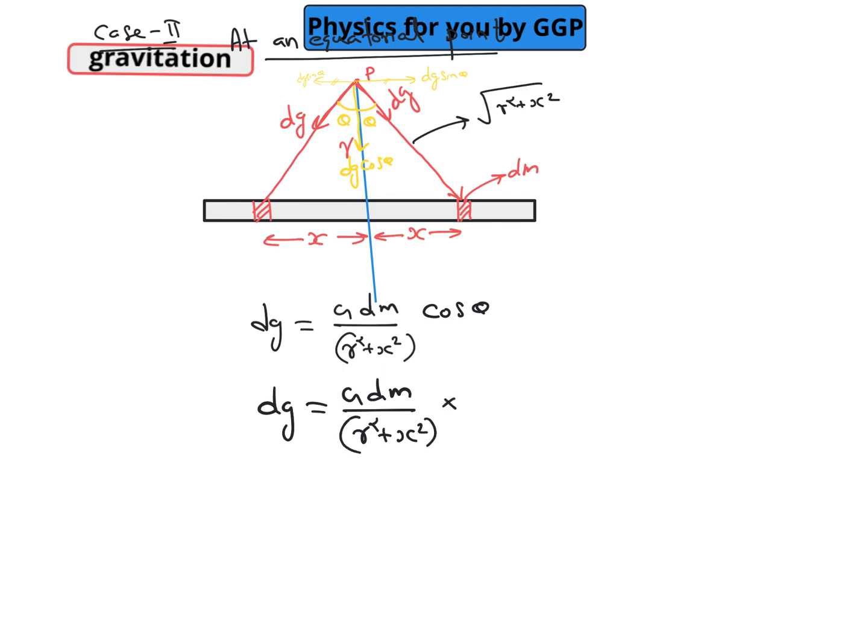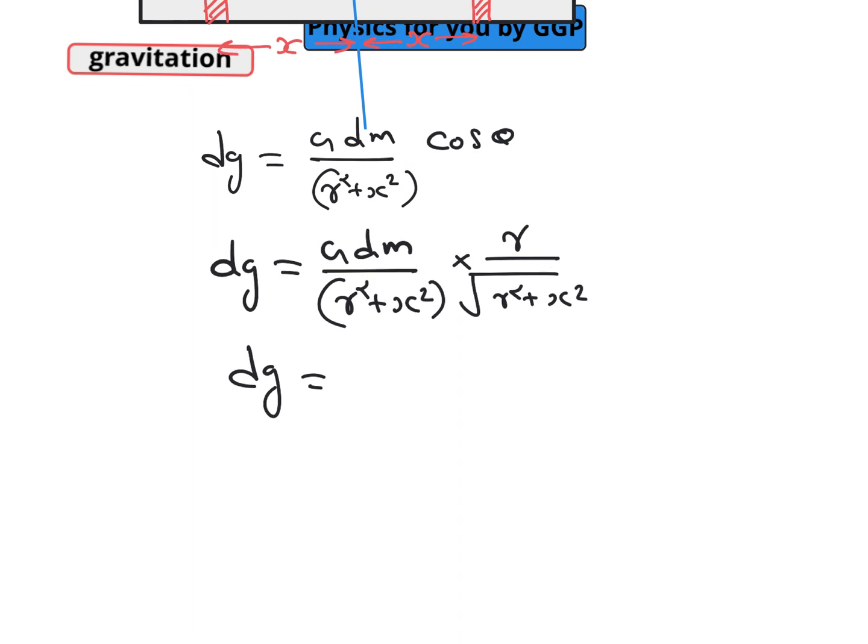From the triangle, cos theta is r divided by under root of r square plus x square, so dg is equal to G dm into r divided by r square plus x square raised to 3 by 2.